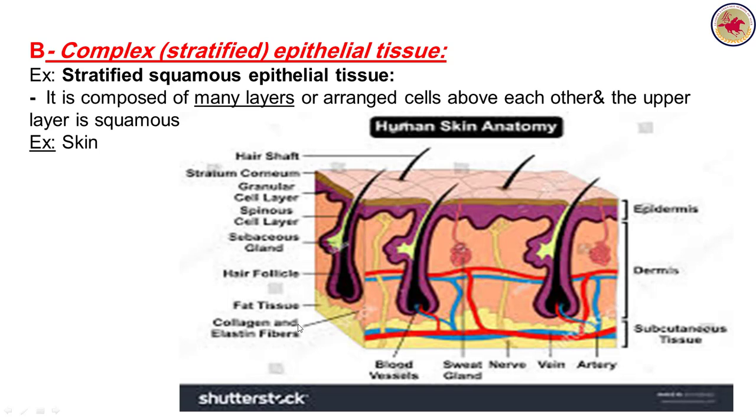Second type of epithelial tissue, the complex one, stratified epithelial. Stratified means multiple layers; it is composed of many layers, with cells arranged above each other. The upper layer is squamous.